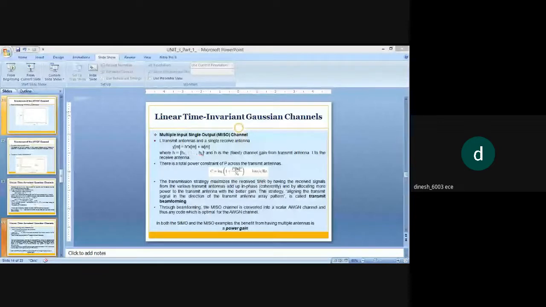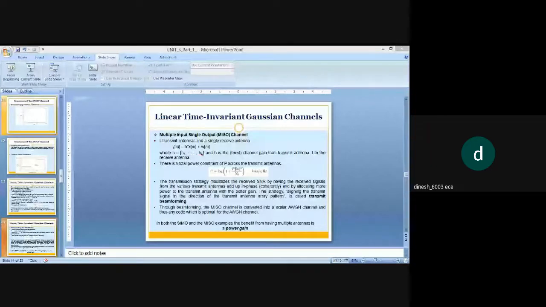So we get for the Lagrange function L of lambda, P0 till P(Nc minus 1), equal to summation n equals 0 to Nc minus 1 of log of 1 plus Pn |Hn| squared by N0, minus lambda. Lambda is your Lagrange multiplier.